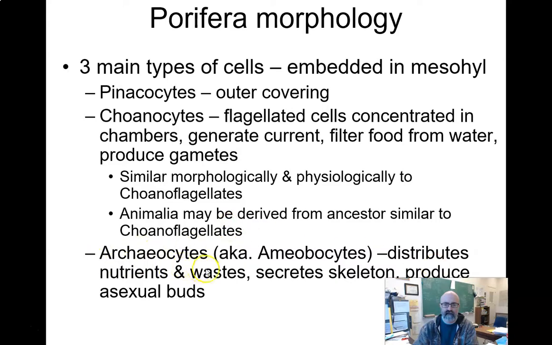And then the third type of cell, these things called archaeocytes, or sometimes called amoebocytes. And they, like an amoeba, move around in the body of the sponge. They distribute nutrients, waste. They actually make the spicules or the skeleton, and they can be involved with asexual reproduction. All these little things called buds or gemmules.